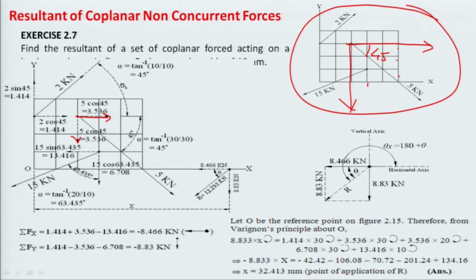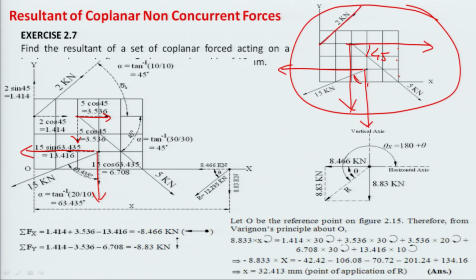This force also needs to be resolved in this direction and this direction. What are the values? Values are this component and this component. With this angle calculated, the value has been found out.